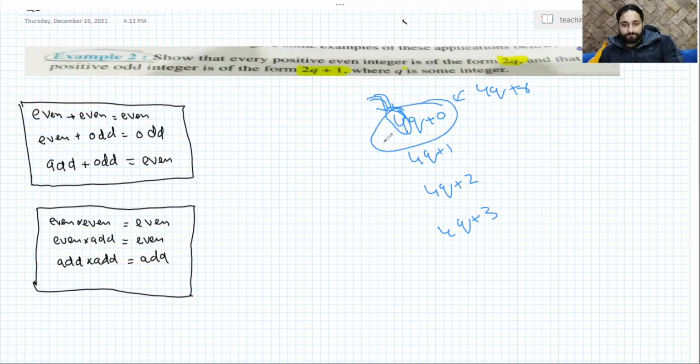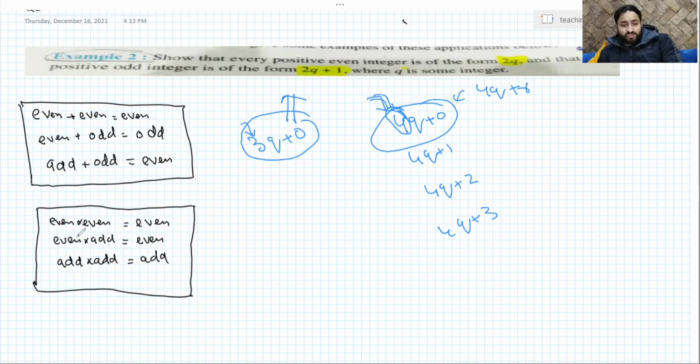But if this part is odd, as in the case of 3q plus 0, you are not going to be sure what the result will be. Let's understand. Even multiplied by even is always even. Even multiplied by odd is also even.